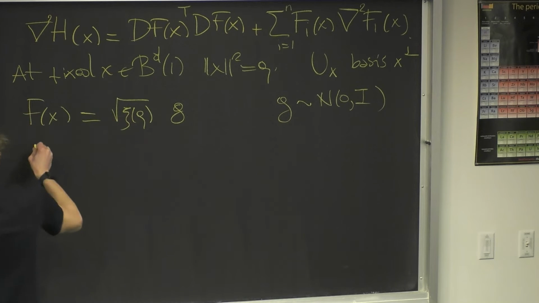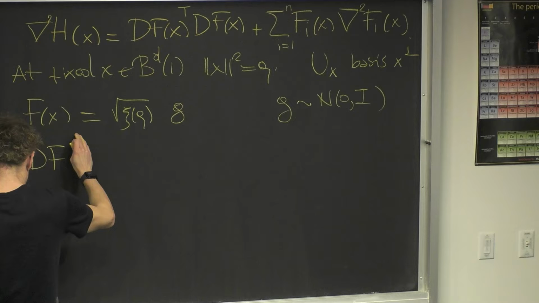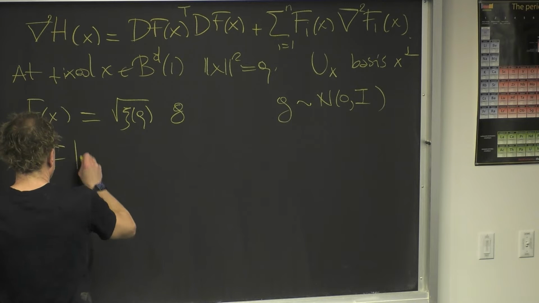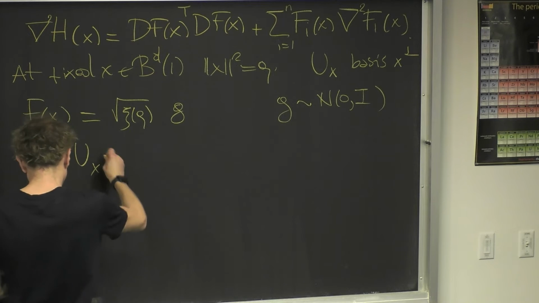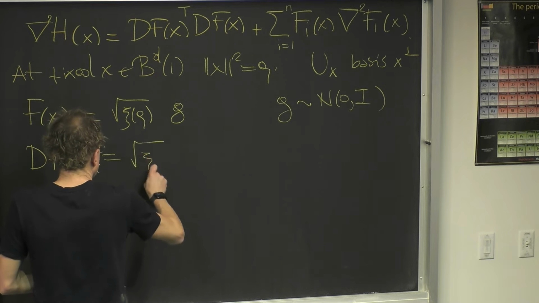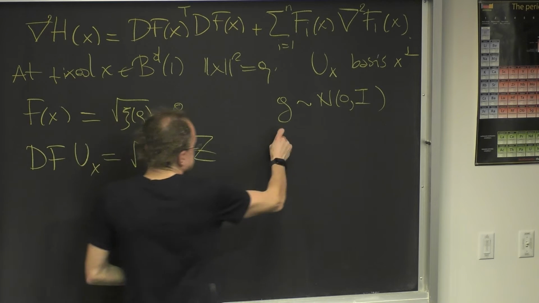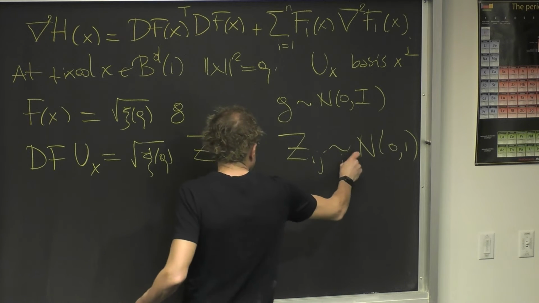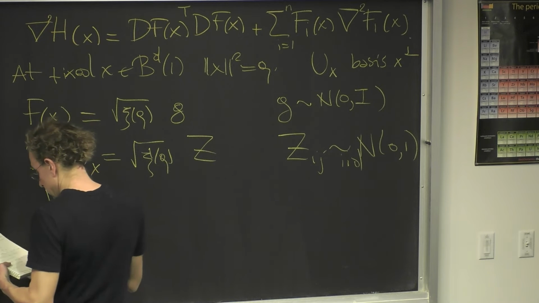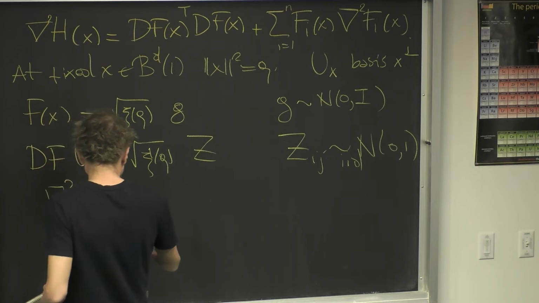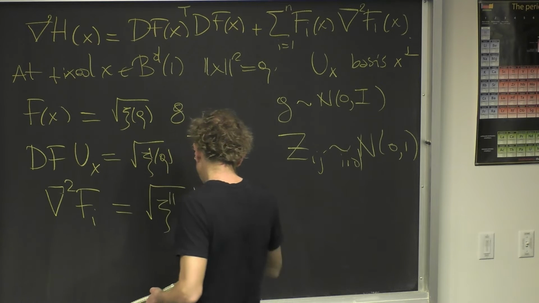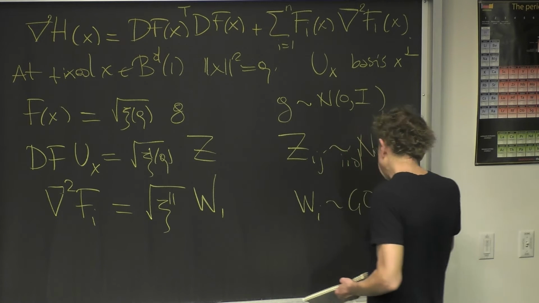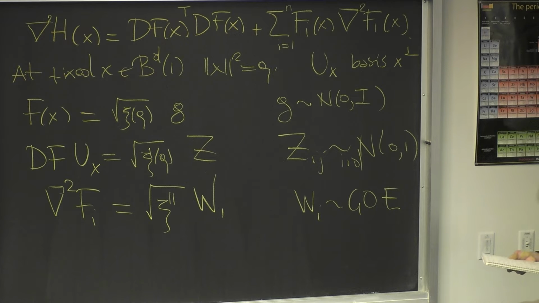And then df of x times U_x is square root of psi prime of q times Z, where Z is a matrix with IID normal 0,1 entries, and this Hessian is square root of psi second of q times W_i, where W_i is a GOE matrix. So it's a matrix with IID Gaussian entries, right?